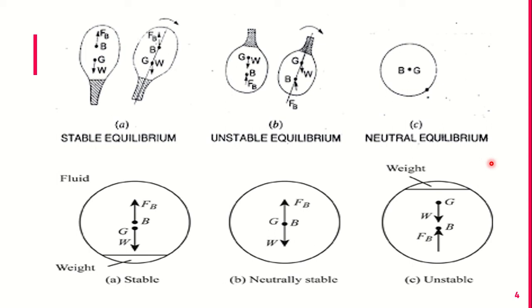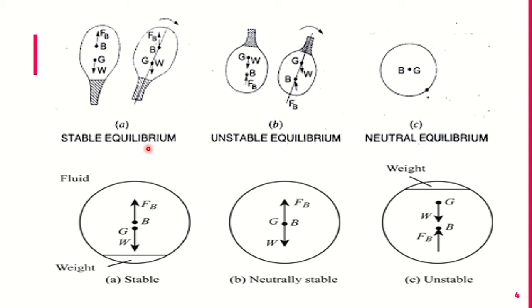G will be constant for both cases. Center of gravity will be common for submerged body and floating body. Where it matters to segregate between stable, unstable and neutral is the position of B and M. So the position of B is important in submerged body, the position of M is important in floating body.